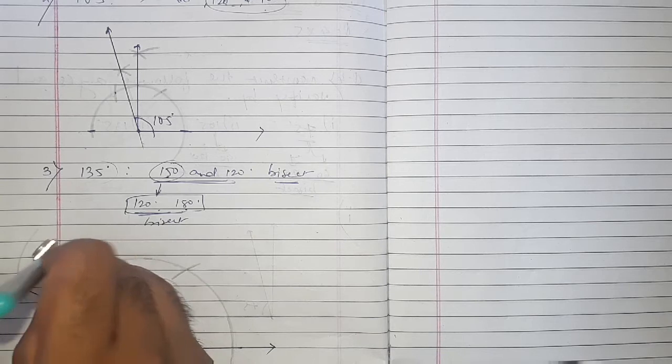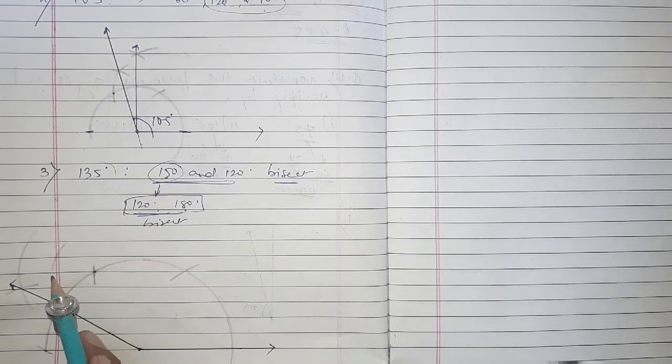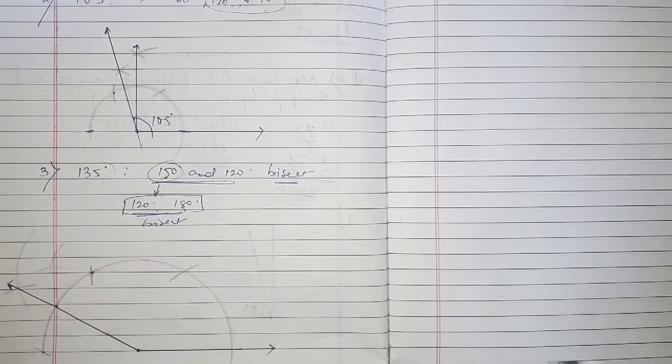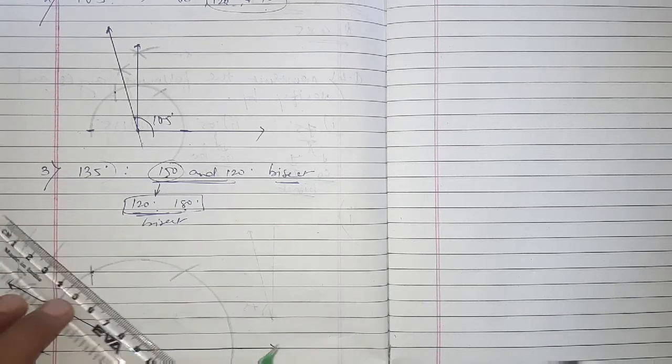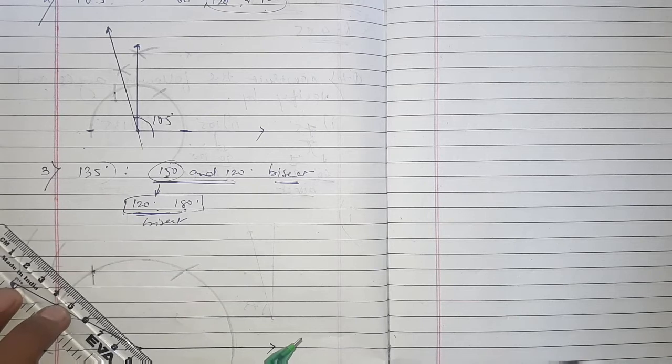Now make an arc from 120 and also an arc from 150. Okay, clear. Now join them. So this is your 135 degree.